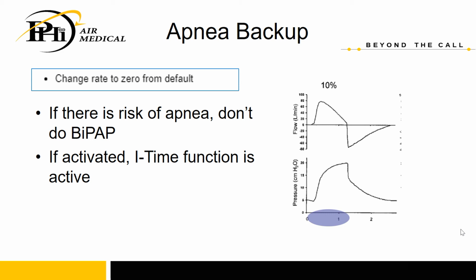But if the inspiratory time function is active because you forget to reduce that backup respiratory rate down to 0, then the ventilator will actually cut them off after 1 second, and it'll force them to start exhaling. And that can be very uncomfortable for our patients, and so we need to try to avoid that by making sure and dropping that default respiratory rate down to 0 so we get rid of that I time functionality while we're in BiPAP mode.